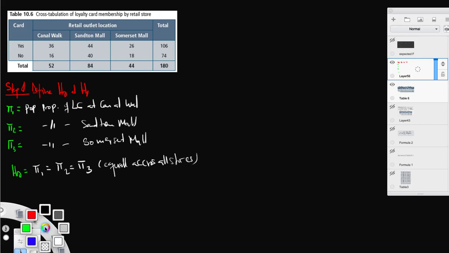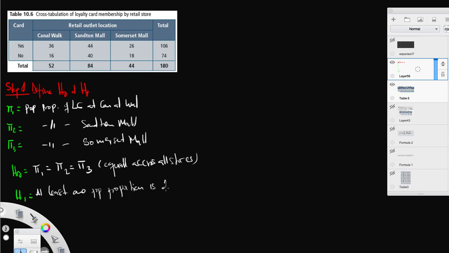My alternative will tell me the opposite, or what I'll say, at least one population proportion is different.